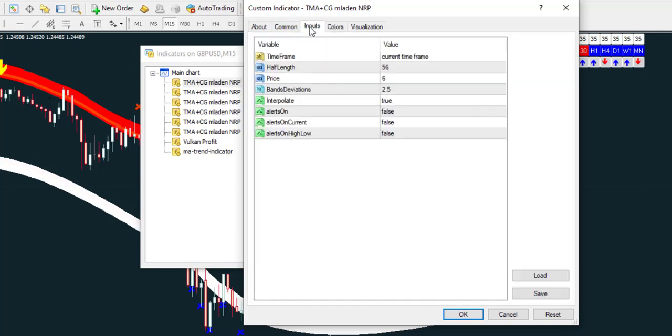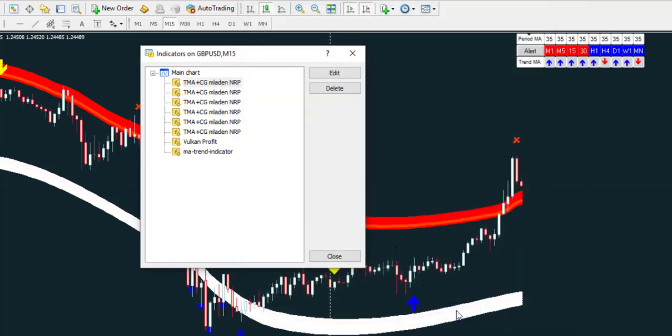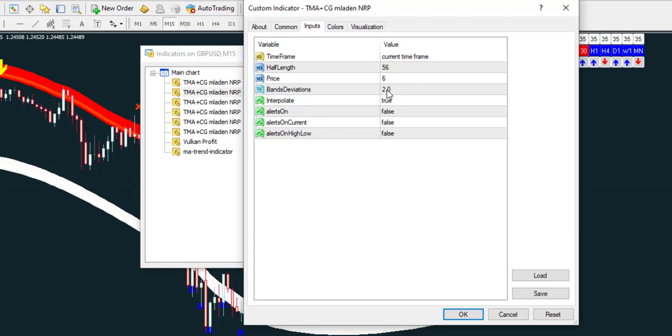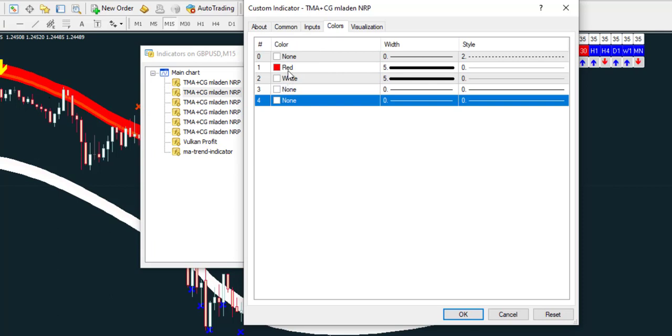The first one on my chart, and the second one, what I change is the band deviation, and the color remains the same. So I only need the arrow, the star, for the first band. The next remaining bands I turn to none, and this is for the upper band and white is for the lower band. The only thing you need to change is the band deviation in all the remaining TMA indicators.